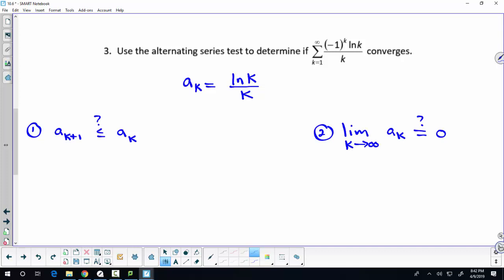So hopefully the second condition, the limit, is easy to compute, especially if you're thinking about growth rates. k grows faster than ln of k.